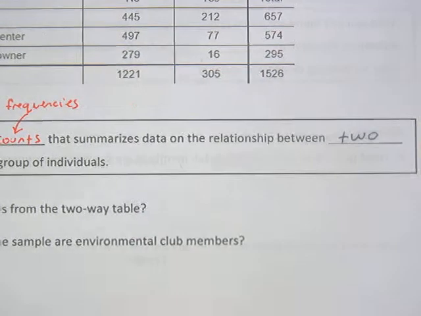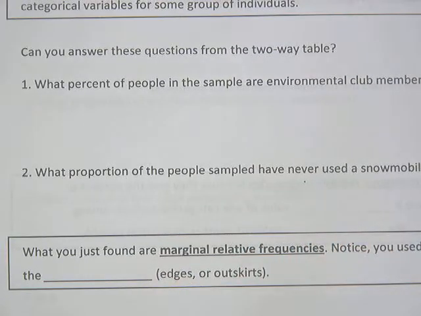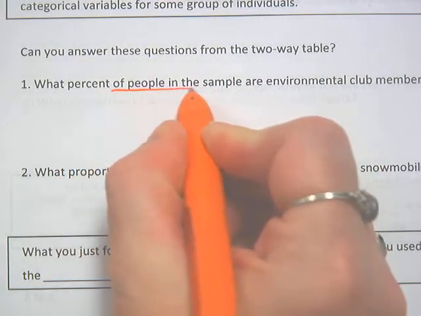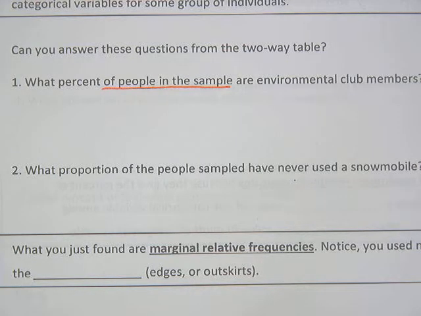I bet a lot of you can answer this first question without any help from me. What percent of people in the sample, so I'm going to use orange for this, of people in the sample, you're going to learn that these are all worded the same, and the very first part of the word problem where it says of blank, that's going to end up being the denominator of the fraction that we build.